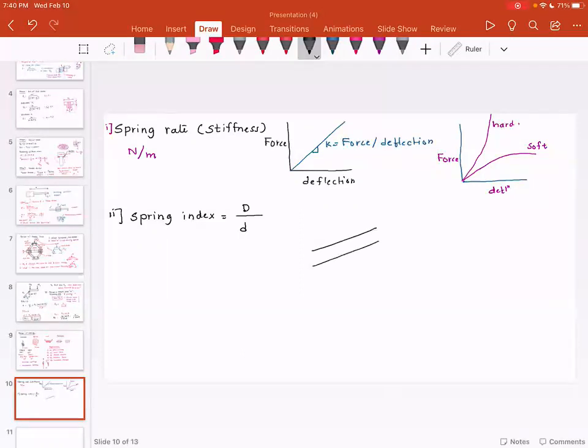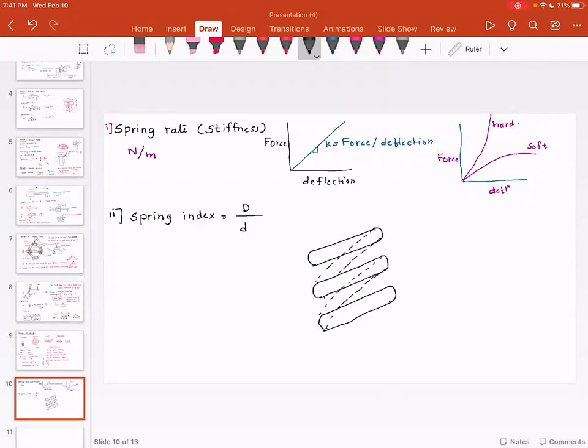So I'm going to show you a slightly exaggerated view of a spring. You will notice that the spring is coiled and it has a wire that is actually coiled.